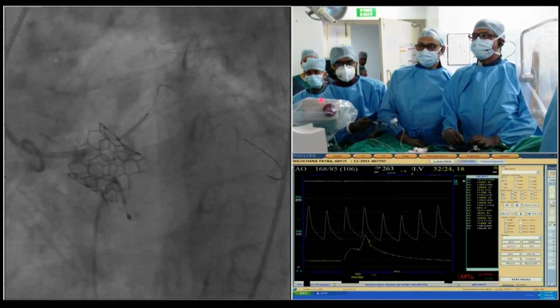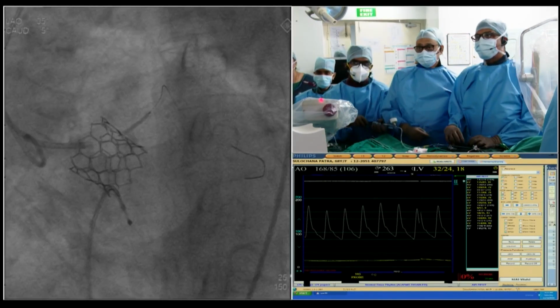You don't need an injection for... I think that looks good. Okay. Yeah. Go slowly. Okay.